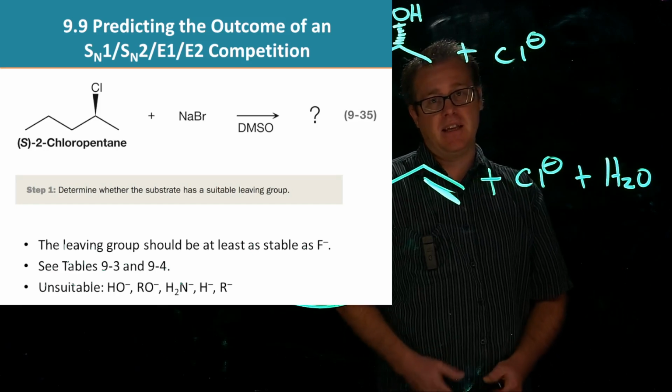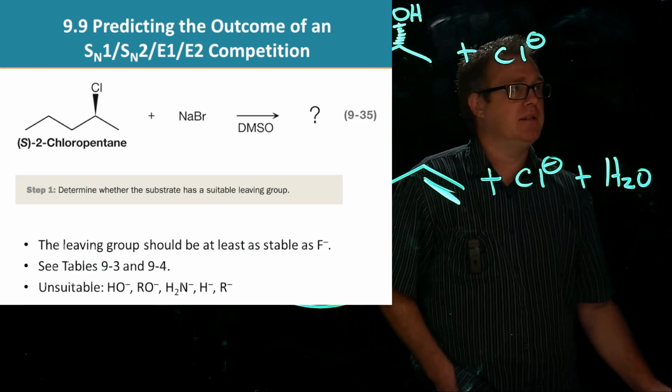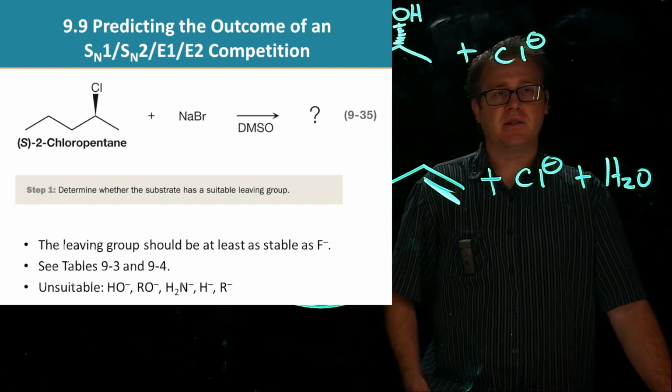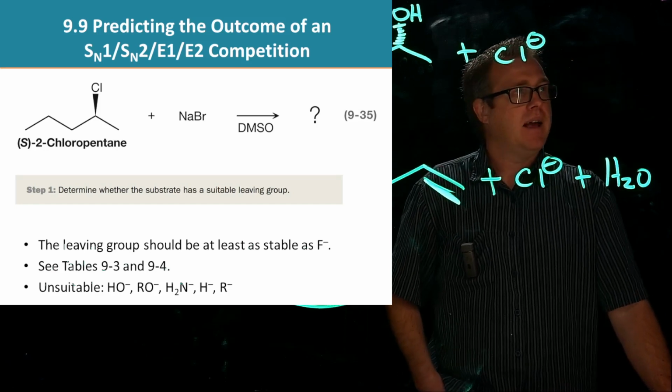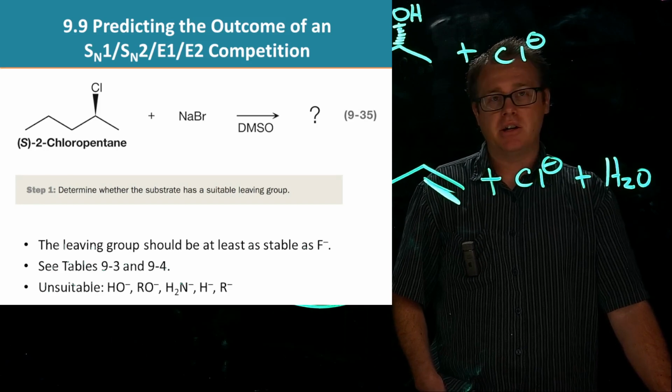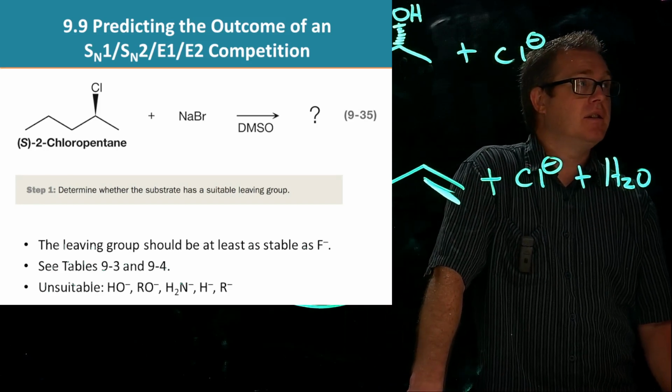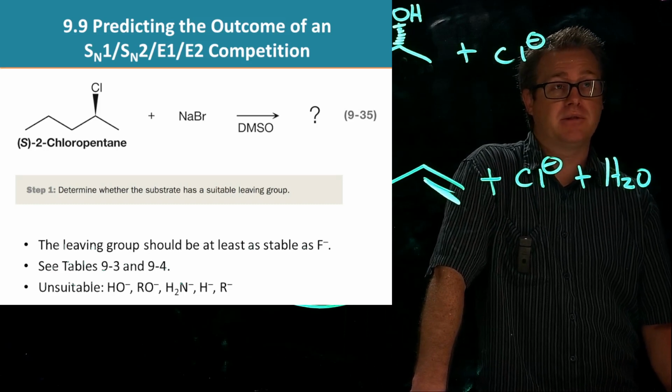So the first thing that you have to do when you see a reaction, it's written right there, determine whether the substrate has a suitable leaving group. And when we look at that molecule, we see that there is a chlorine attached. And so chlorines are good leaving groups.